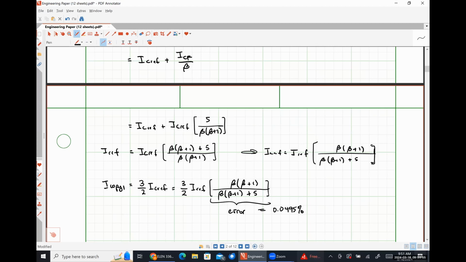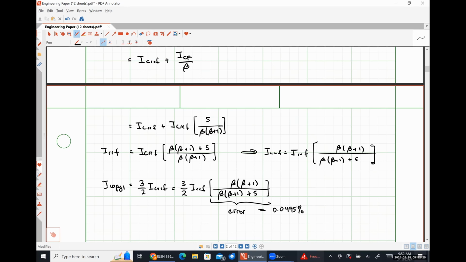So previously, I think we had an error of somewhere in the ballpark of 3.75%. Now we're down to less than a 1/20th%. So using that emitter follower current amplifier to supply our base currents provides a very significant increase in the performance of our current mirror without adding too much complexity.